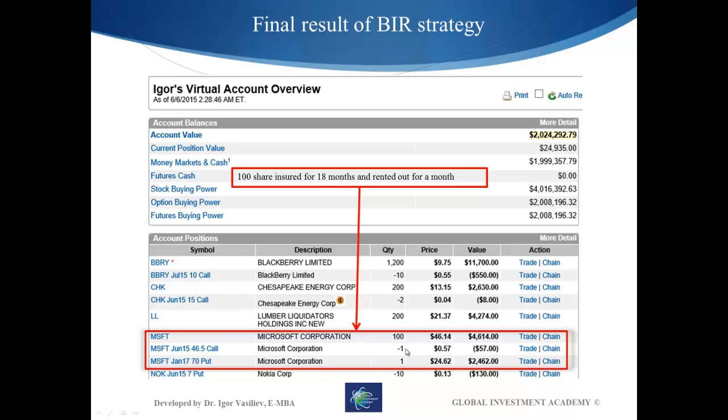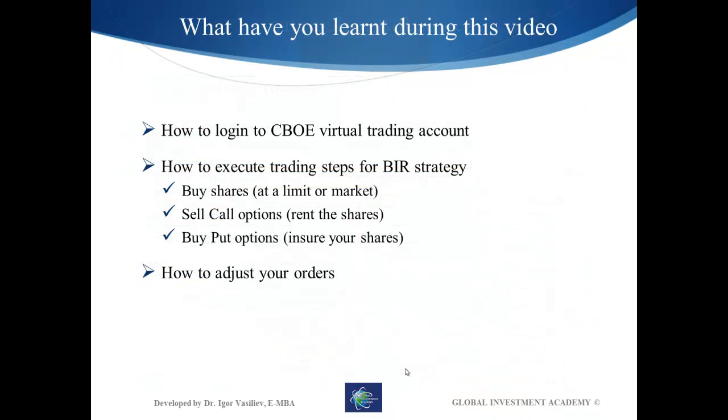So that's what we do. We rent for 1 month, we insure for 18 months. Now we didn't cover the whole price of our insurance during this month, but during next month we're going to cover it, and then we collect rent again and again and again, and our shares are insured. Regardless of where it goes, we will always be making profit.